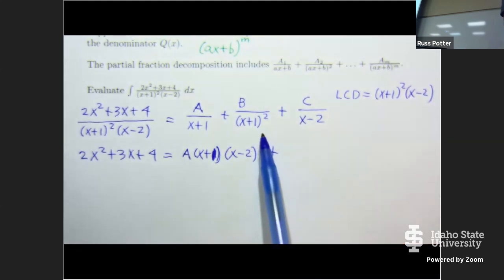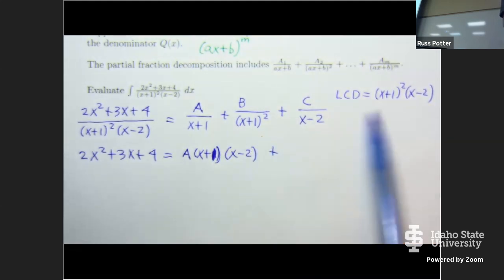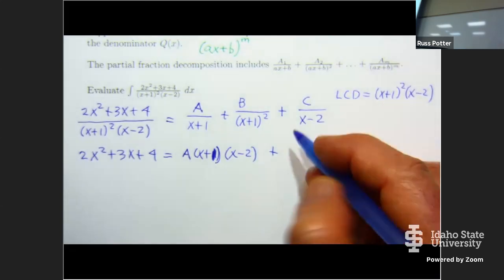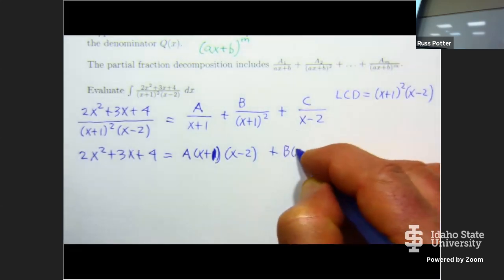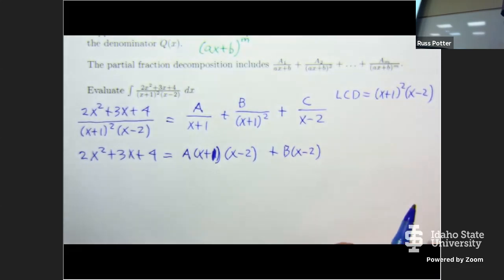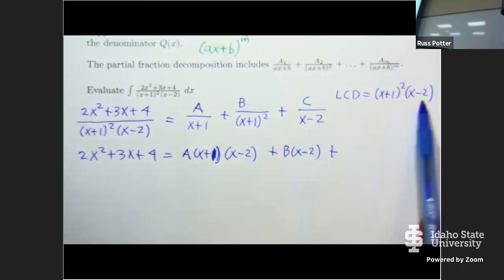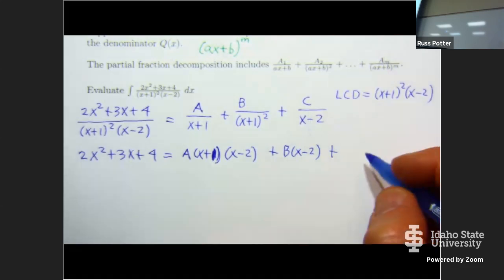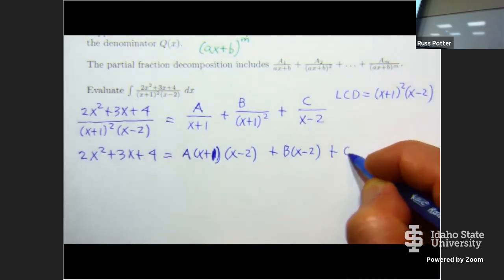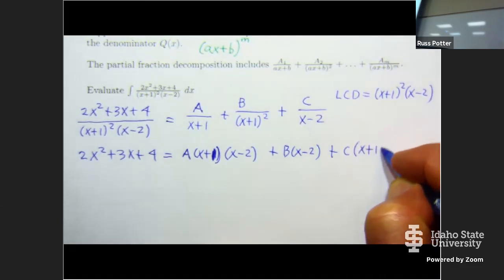And then b over x plus 1 squared, the x plus 1 squareds cancel, so we get plus b times x minus 2. And then c over x minus 2 times the least common denominator, the x minus 2 factors cancel. So we get plus c times x plus 1 squared.